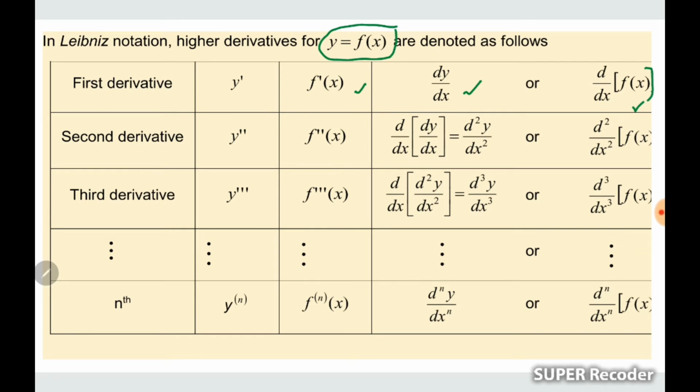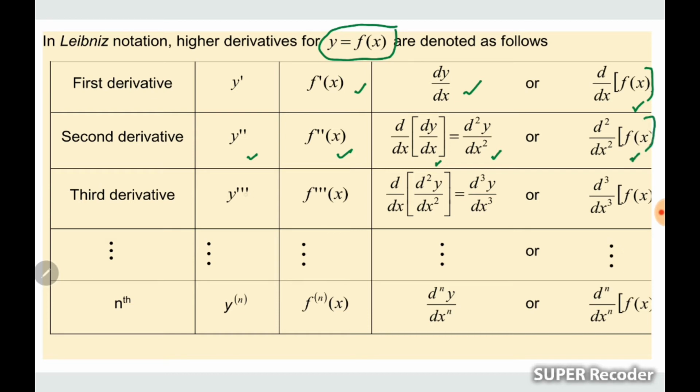For the second derivative, you can write y double prime, or f double prime, or d dx of dy dx, which means d squared y dx squared, or d squared dx squared of f of x.